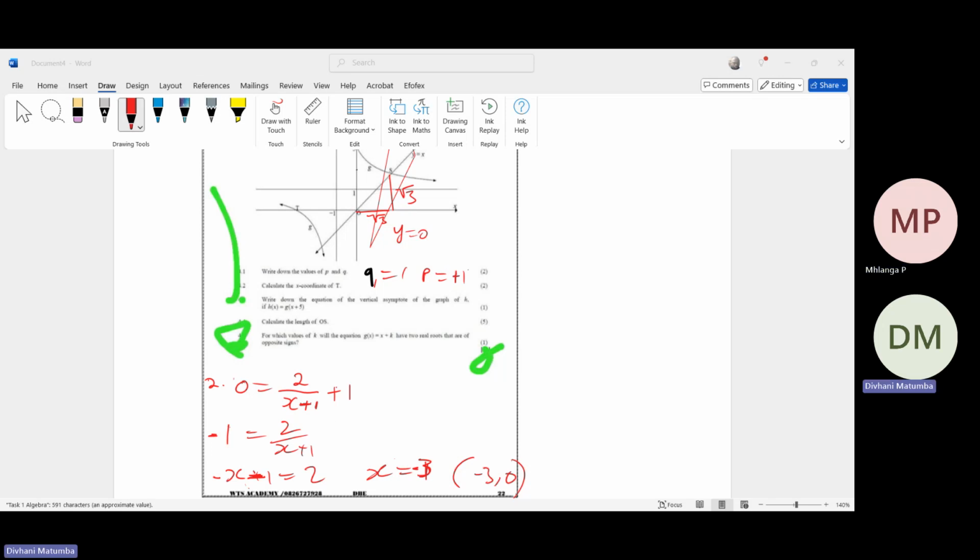So the roots are actually the cuts of the x-axis, where the x-axis is cut.